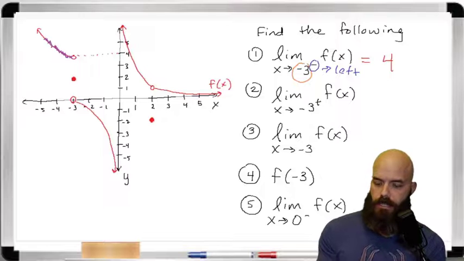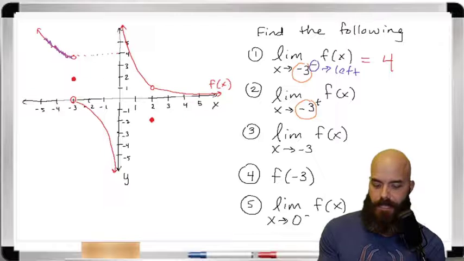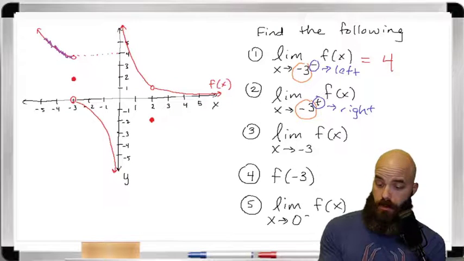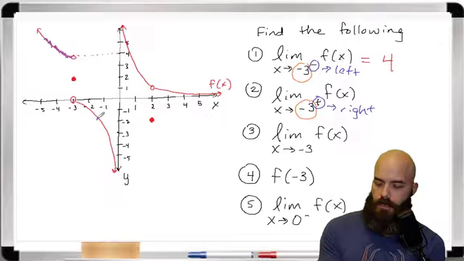Okay, so now let's look at number 2. Number 2 is asking us, what is the limit as x approaches -3? Again, that's the x value that we're getting as close to as possible. But this time, we want to look from the right side. So I'm going to trace along my red curve, starting on the right side of -3, anywhere over here.